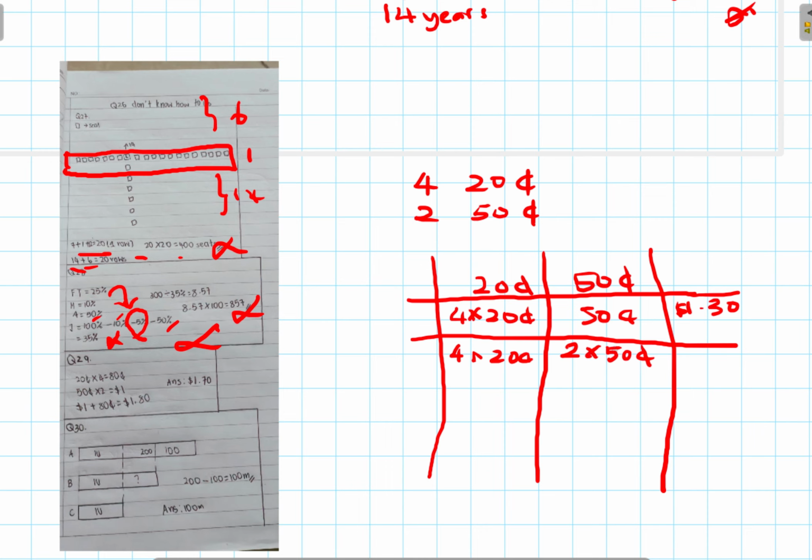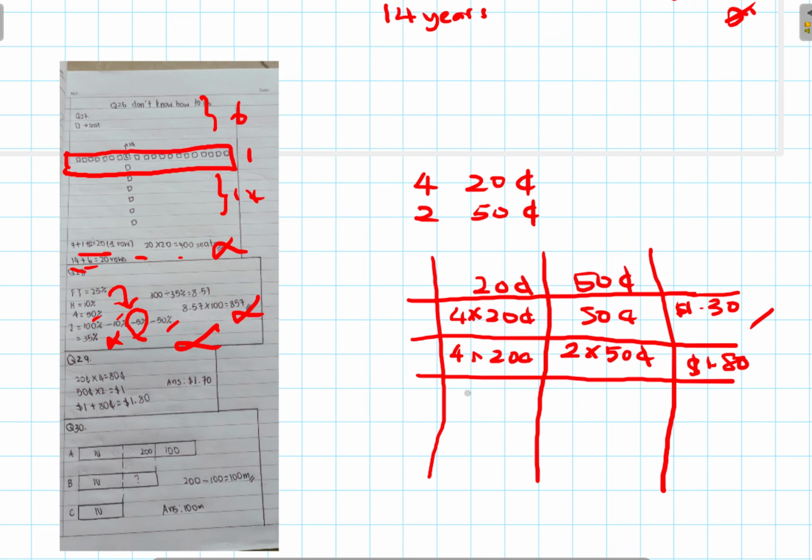Oh, okay. But wait. Read the question properly. It said use some coins to buy a toy. Not really use all coins, right? But nevertheless, I can also calculate it out. It's actually $1.80. But you know $1.80 is not inside the list, correct or not? But $1.30 is. But then we explore further, okay?